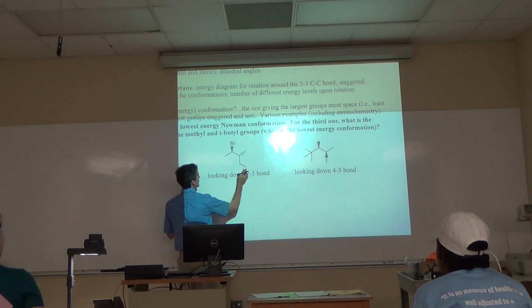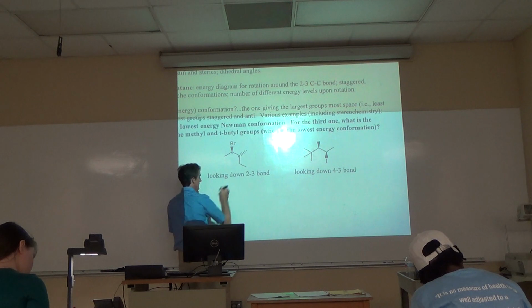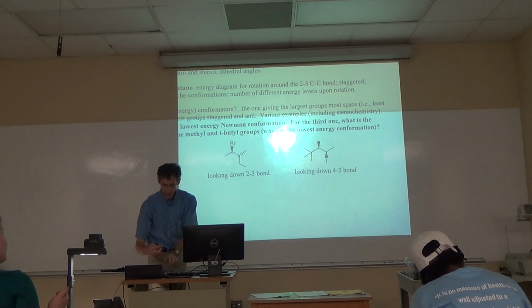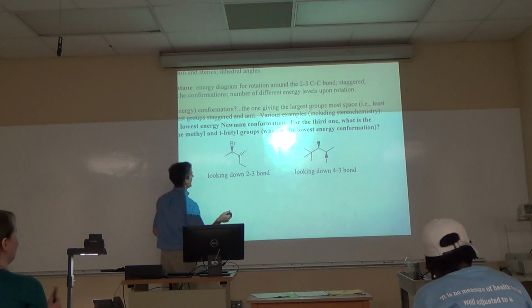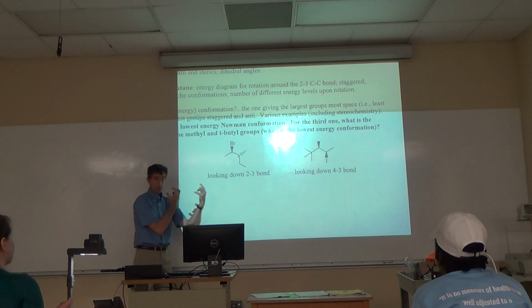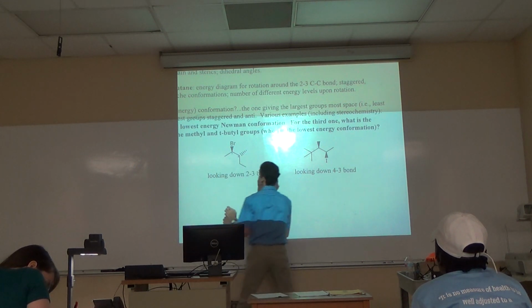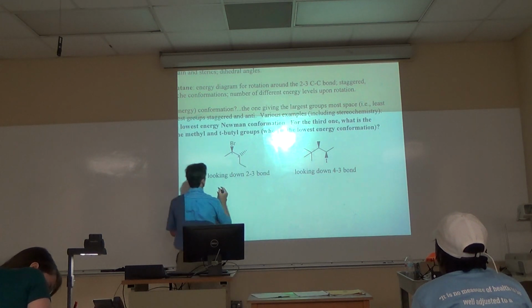In the nomenclature, this is 1, 2, 2, 3, looking down that. That is down 2, 3. 2's in front. For the 2 to be in front, which side do I need to stand on? Over here.